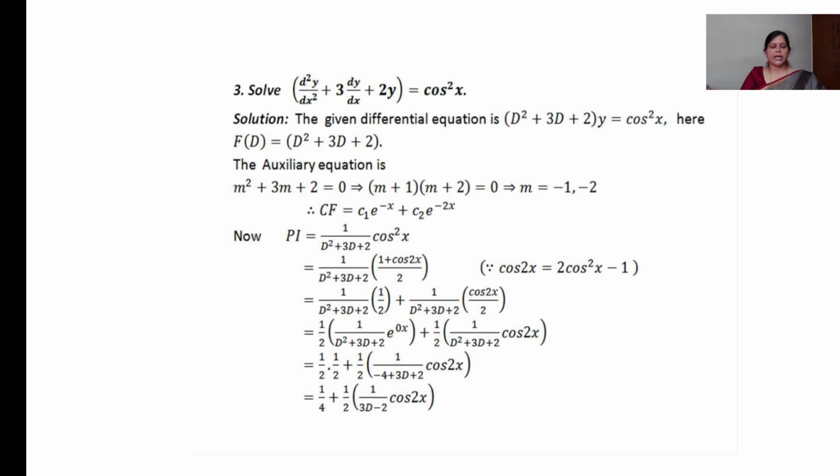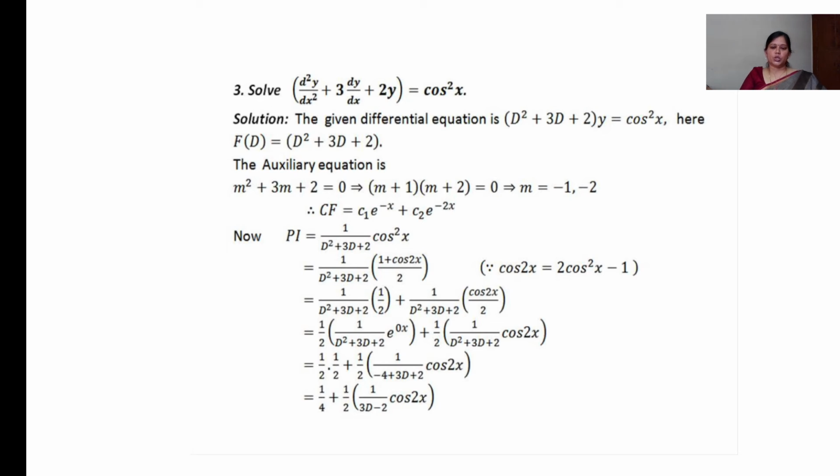Now for the second term, we have 1 by D square plus 3D plus 2 into cos 2x by 2. In that we keep the 1 by 2 as a constant outside. The remaining is 1 over D square plus 3D plus 2 into cos 2x. Here we again have the cos ax form. In this particular integral method, D square is replaced by minus a square.